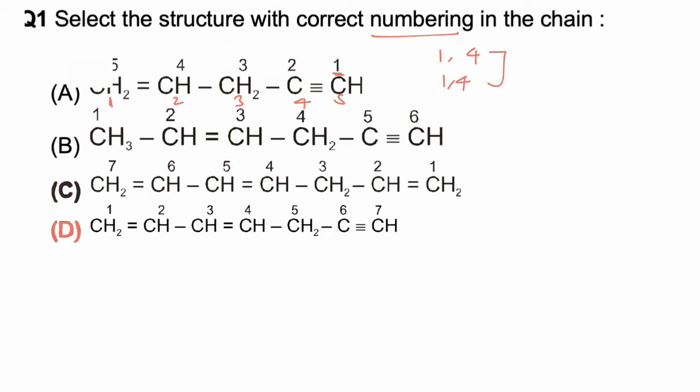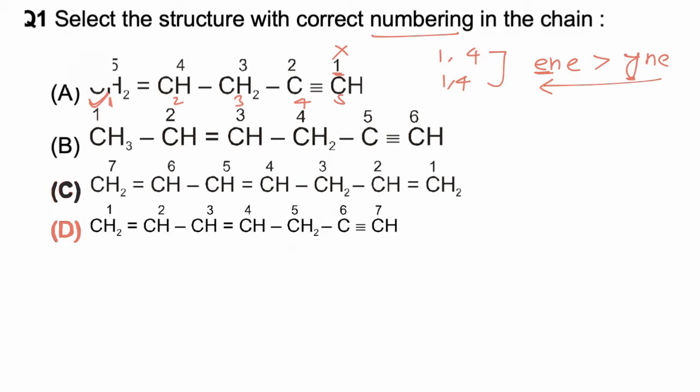So according to the lowest set of locants, we cannot decide from which end we should start numbering. But if the lowest set of locants is not decisive, then between ene and yne, ene is given higher priority according to alphabetical order. So this is not correct. Numbering should be done from the ene end.